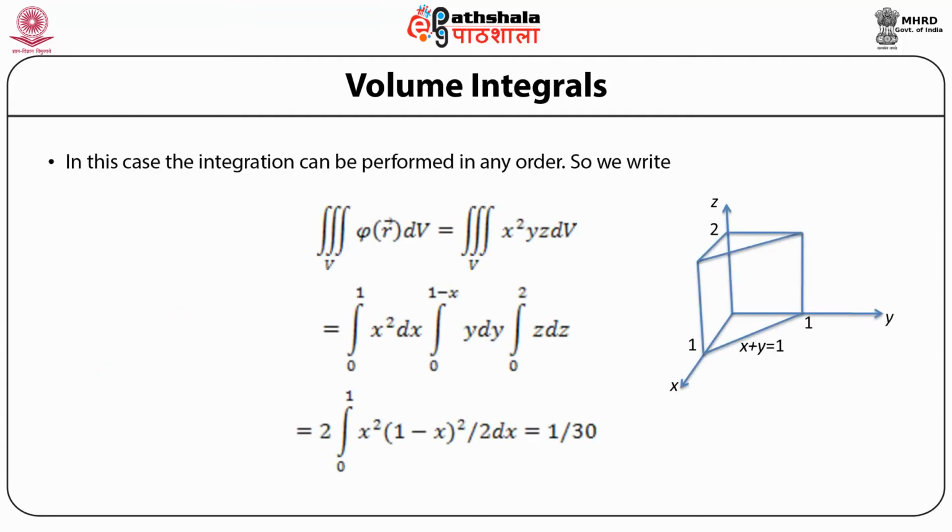In this case, the integration can be performed in any order, so we write volume integral phi(r) dV is equal to volume integral x squared yz dV, which is equal to integral from 0 to 1 x squared dx into integral 0 to 1 minus x y dy into integral 0 to 2 z dz, equal to 2 into integral 0 to 1 x squared into (1 minus x) whole squared divided by 2 dx, which is equal to 1 divided by 30.